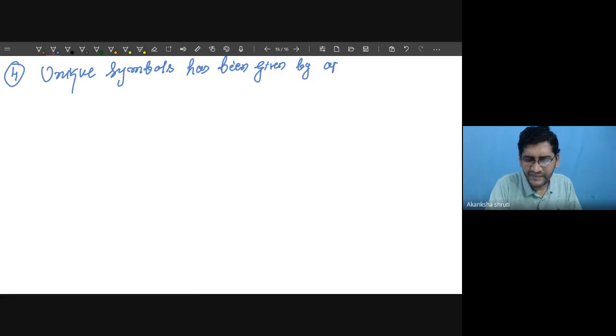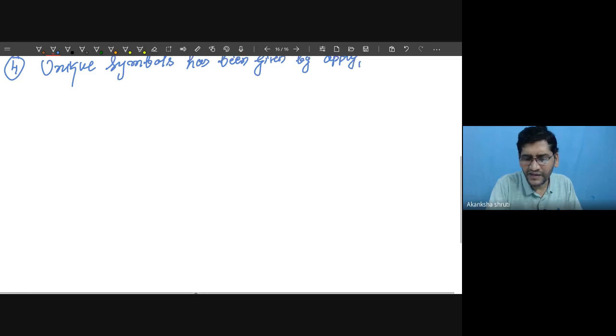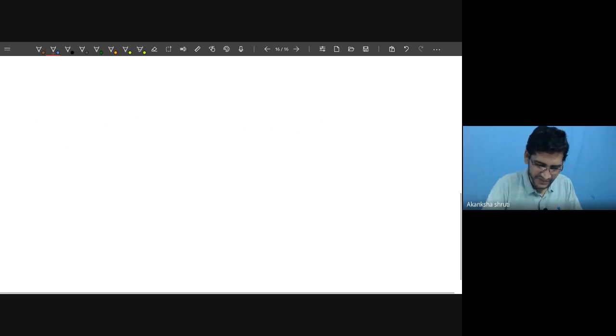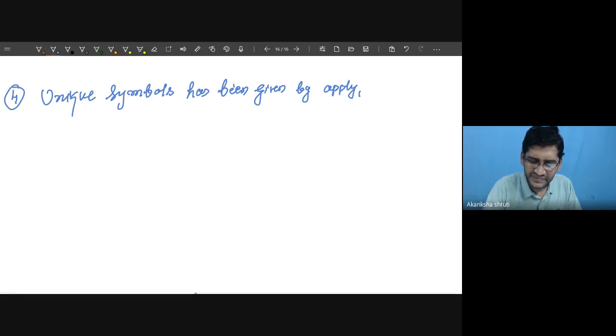By applying the above rule. So how is this? What are the unique symbols? Those things we are going to understand in more detail.